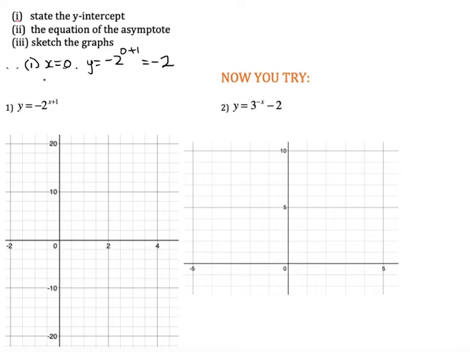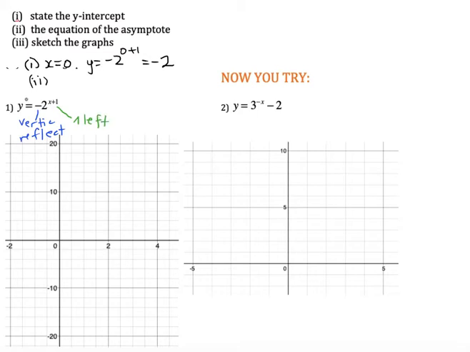The equation of the asymptote. If you look at the transformations, this will be a vertical reflection. So we're going to flip all the y's. And then the +1 is inside the function, so we're going to go one left.